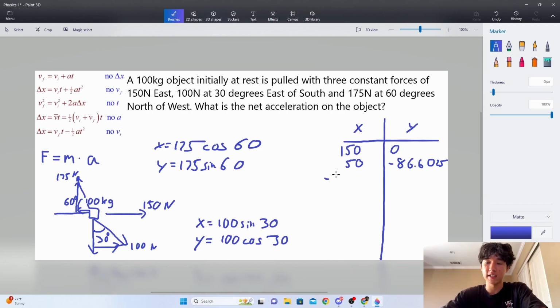And this ultimately gets us negative 87.5 newtons and a positive 151.554 newtons.